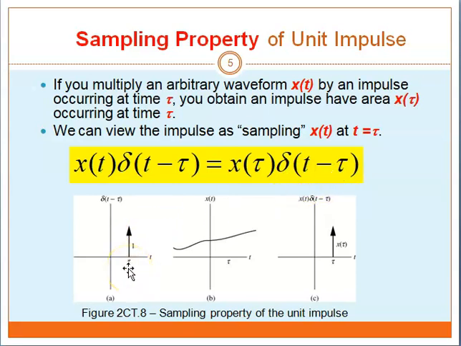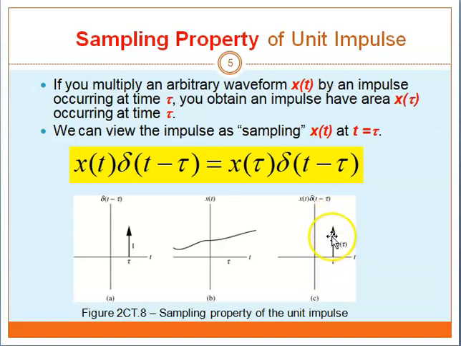If you see this figure over here, this is the sampling property of the unit impulse. In figure A, this is the impulse occurring at time tau. Then in figure B, this is the input signal x(t), so any signal, and it will yield an output in figure C. This is actually the combination of the input signal x(t) times the impulse signal occurring at time tau.